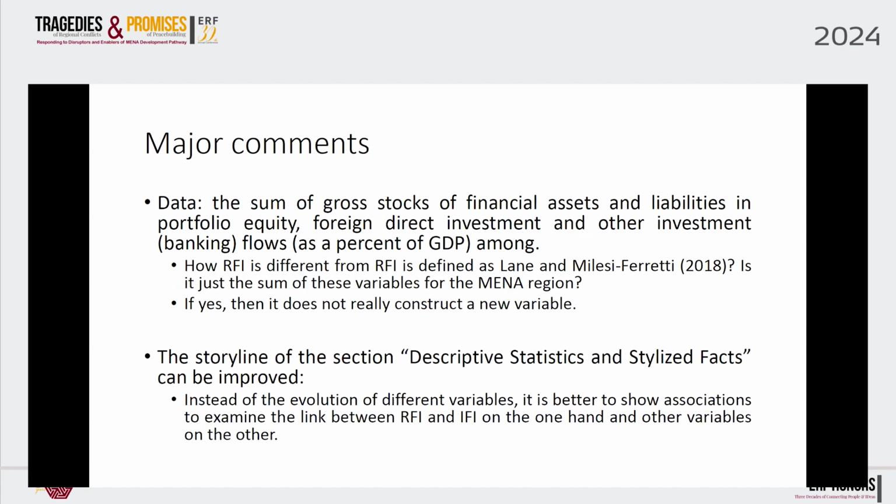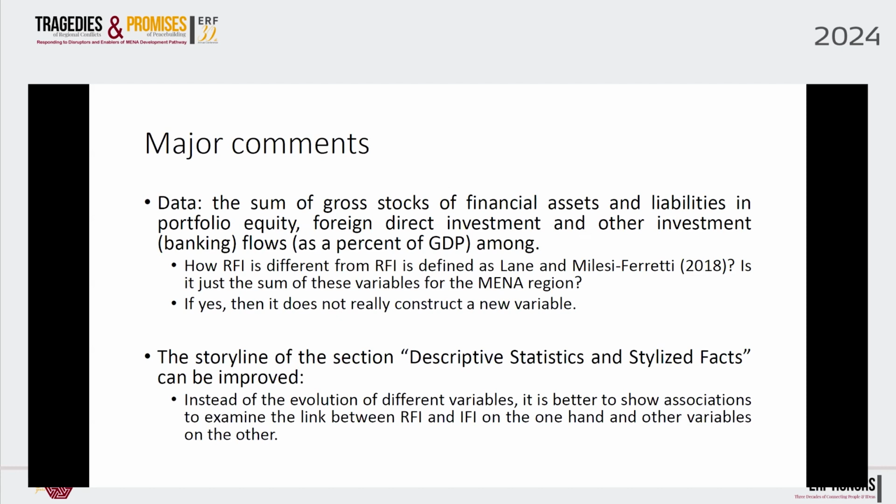In the introduction, you give the impression that you're constructing a new index based on this data set, which is not the case, because you're simply using their data, but at a different level of aggregation just for the MENA region, right? So I think this has to be rephrased, given the fact that at the end of the day, it's mainly the data of Lane and Milesi-Ferretti.